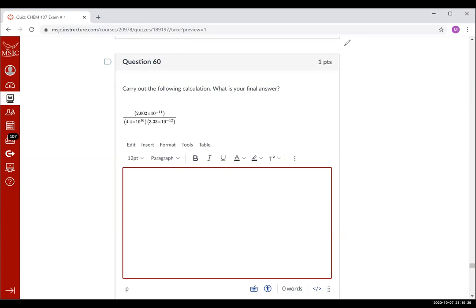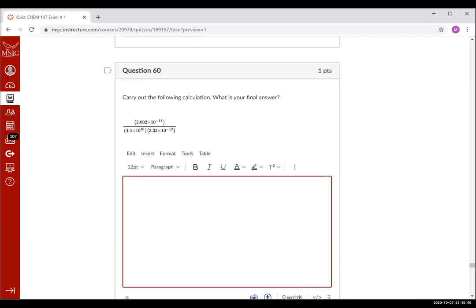I can calculate it really quickly. No problem at all. So that in turn gives us 1.4 times 10 to the negative 16th. All right, thank you.